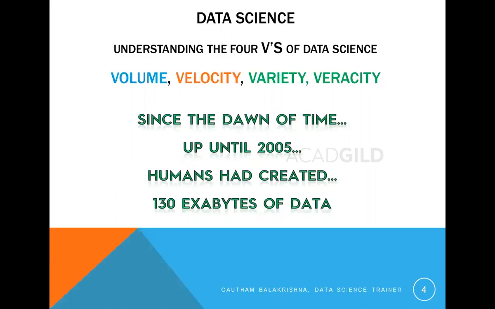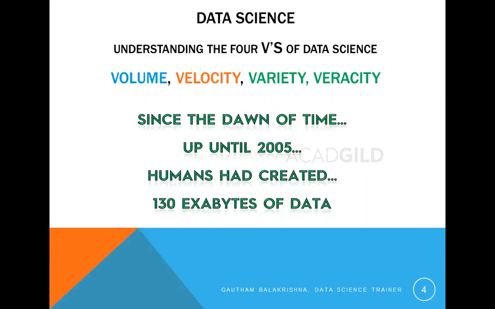The statement says that since the dawn of time up until 2005, humans have created about 130 exabytes of data. So this statement says, humans have created 130 exabytes of data. So you will ask me, what does 130 exabytes of data have to do with what I am going to learn here? That is what I want to discuss here: the volume, velocity, variety, and veracity. I would like to explain through these slides.